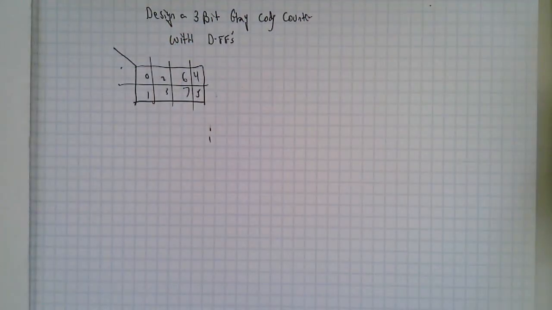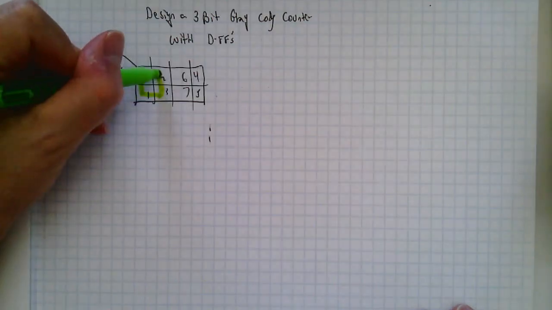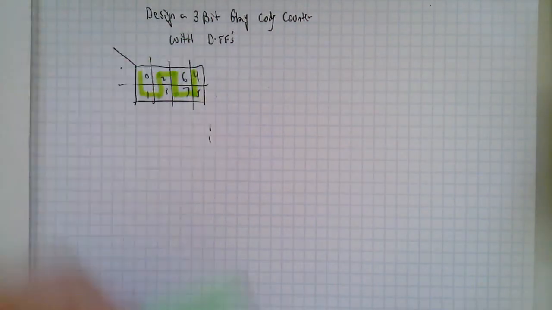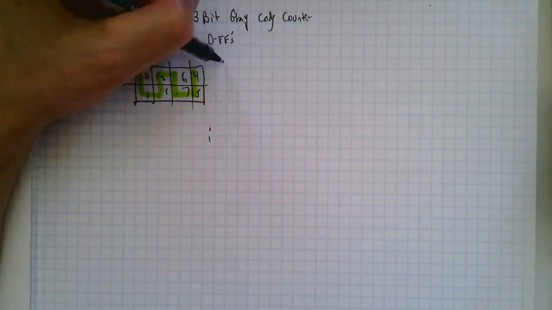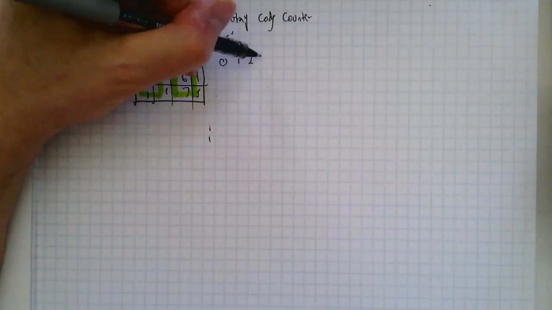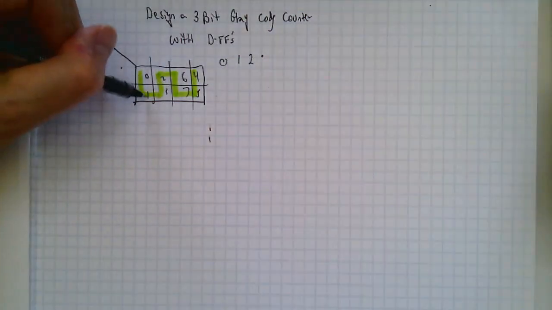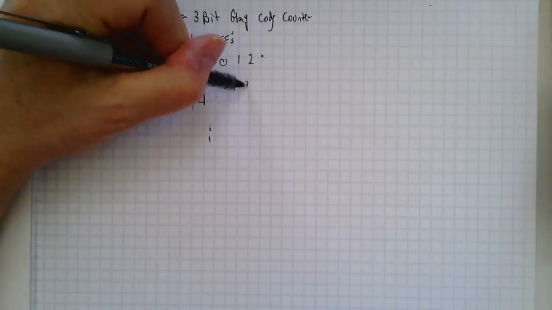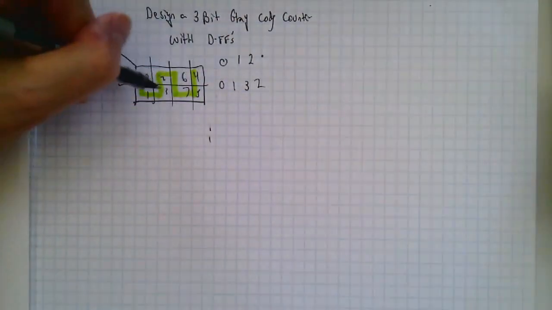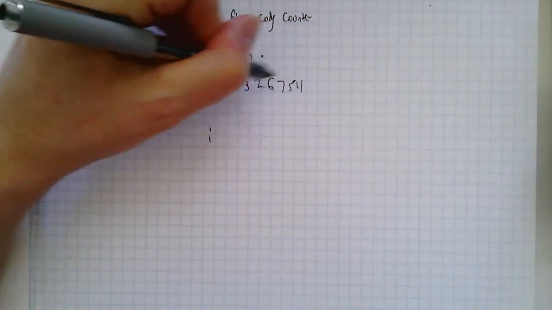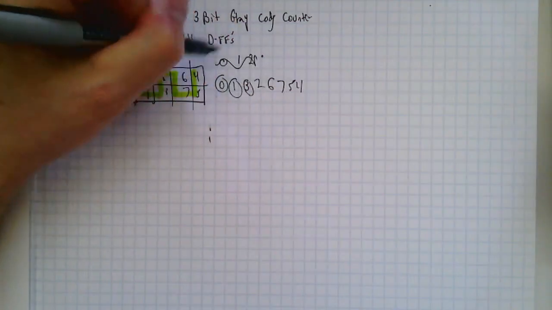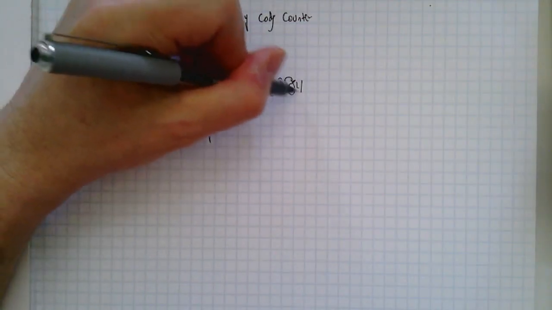I write out my procedure for getting the sequence. Now I need my finite state machine. 0, 1, sorry, 0, 1, 3, 2, 6, 7, 5, 4. And that is my sequence.